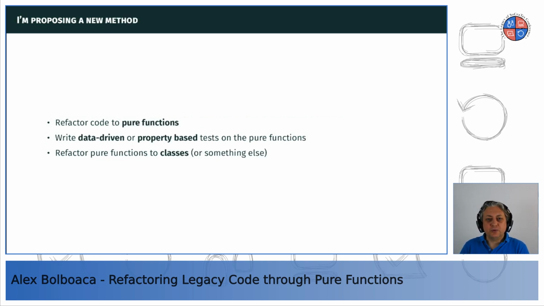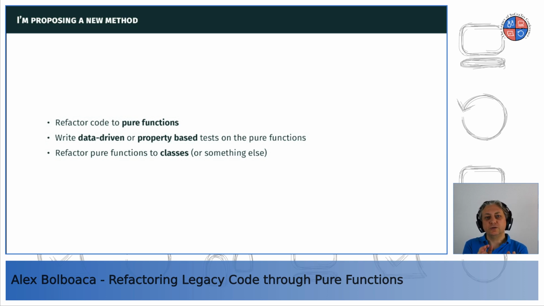So then I'm proposing a new method, and this method takes advantage of a few things that I noticed from functional programming. What I'm proposing is a method that goes in 3 steps. First, refactor code to pure functions, and I believe that I can teach and identify a number of mechanics, probably 10 to 15 mechanics, that you can use to do this.